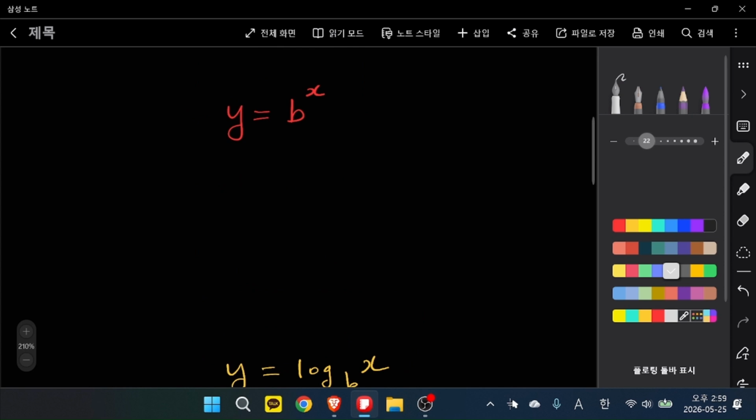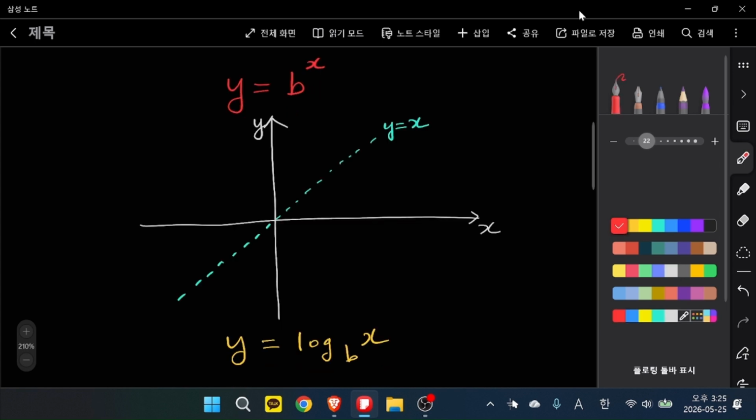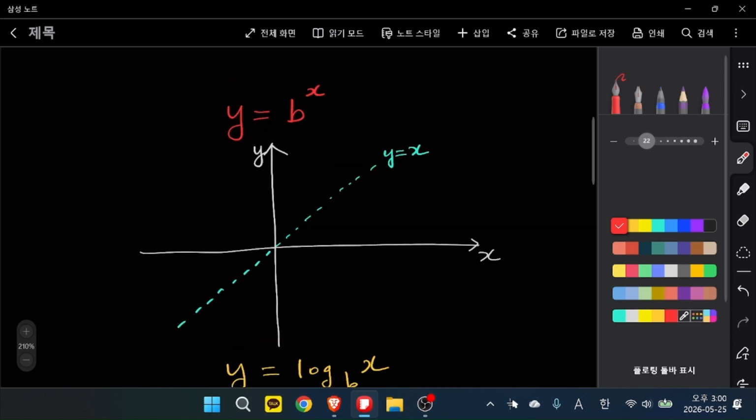Now let's graph it. Inverse functions are reflections across the line y equals x. So let's start with the graph of an exponential function. Now imagine folding the graph along the line y equals x.